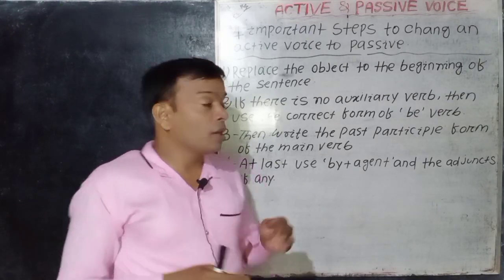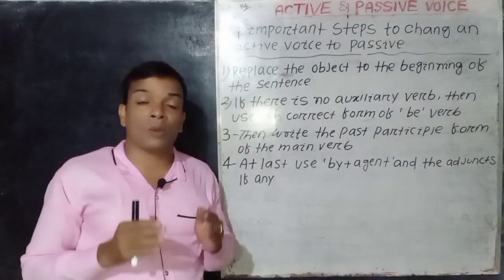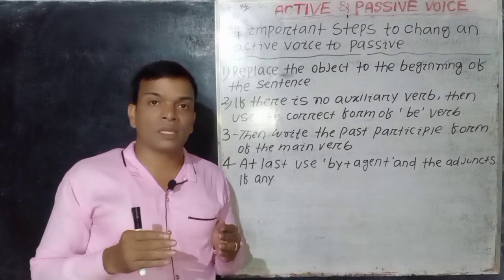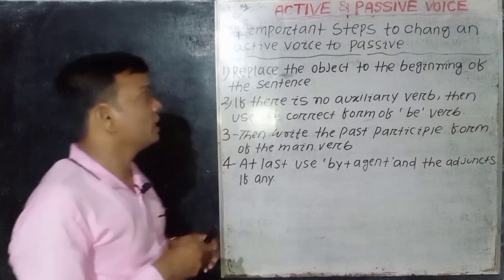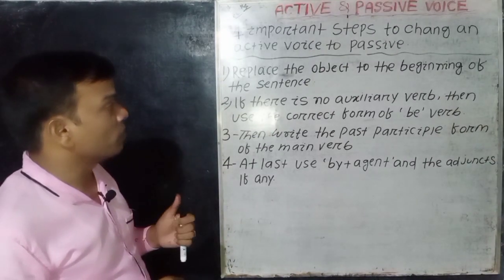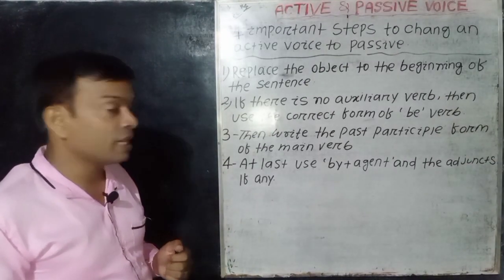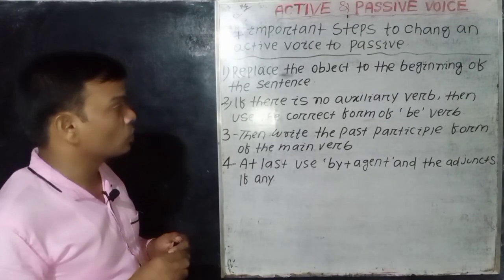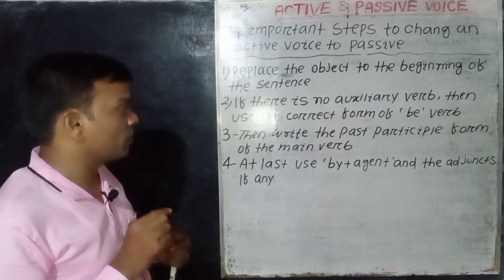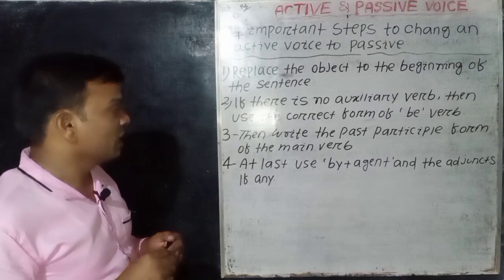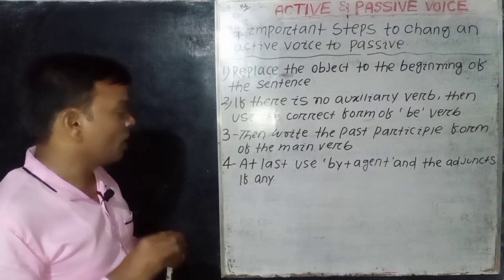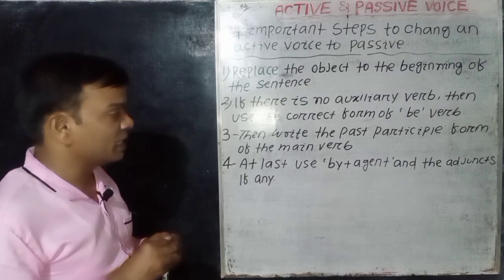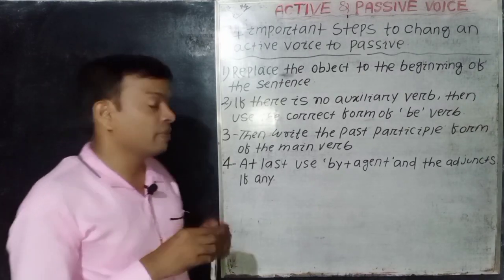I have written the four important steps you should follow. First, move the object to the beginning of the sentence. Second, if there is no auxiliary verb, then use the correct form of be verb. Third, write the past participle form of the main verb. Fourth, at last use by plus agent and the adjuncts if any.